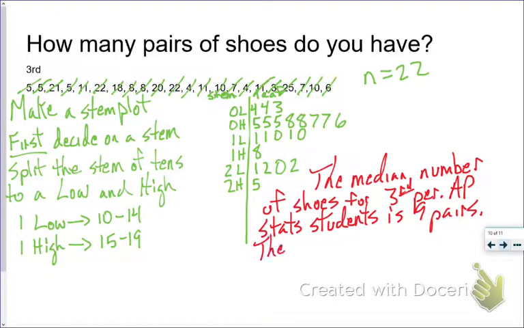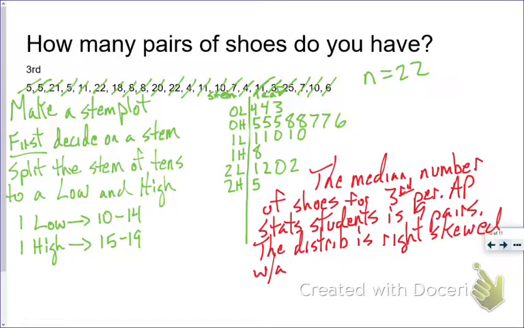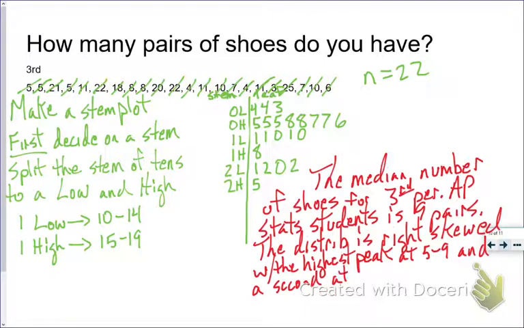The distribution is right skewed or positive skewed with, let's say, the highest peak at 5 to 9 and a second at 20 to 24.